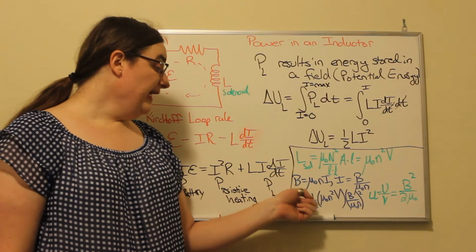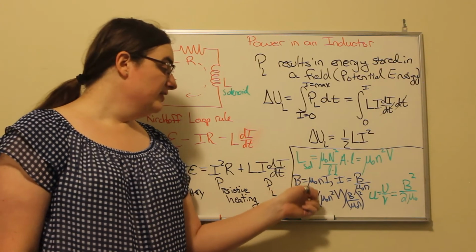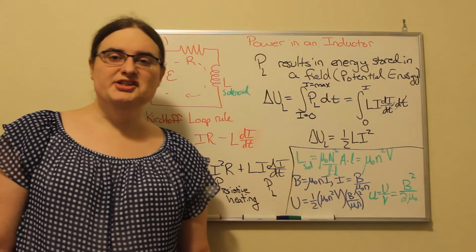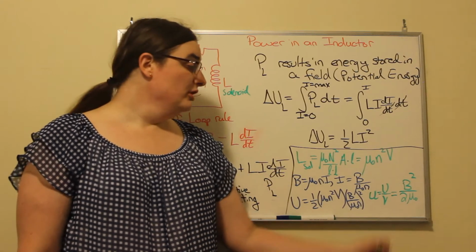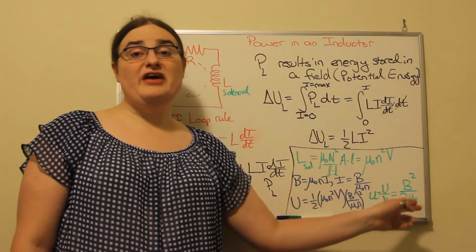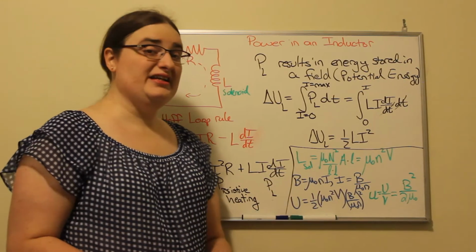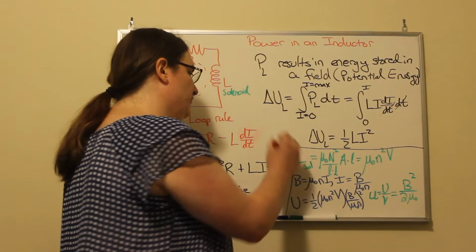So the energy in a solenoid is the magnetic field squared divided by 2 times mu naught times the volume, and for the energy density, that's just our potential energy divided by our volume, which is our field squared divided by 2 mu naught, which is very similar to the energy density that we talked about when we talked about capacitors and electric fields.